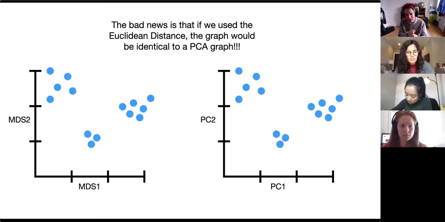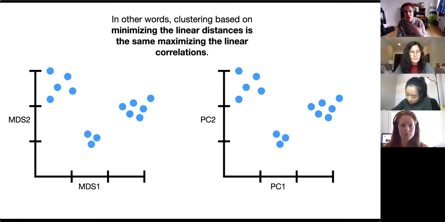And now we've done it again with something called multidimensional scaling, using the Euclidean distance as our way of measuring distance. In other words, clustering based on minimizing the linear distances is the same as maximizing the linear correlations, or fitting that line so that we maximize those distances between the projected points and the origin.